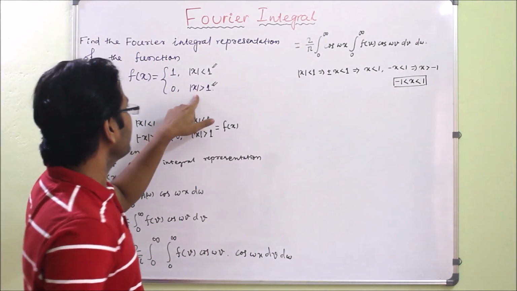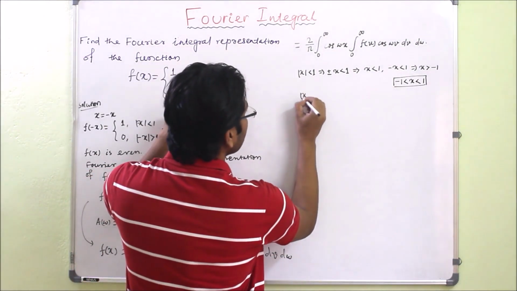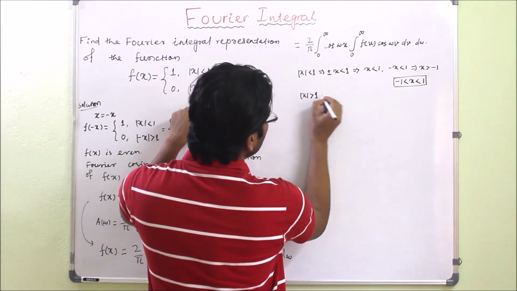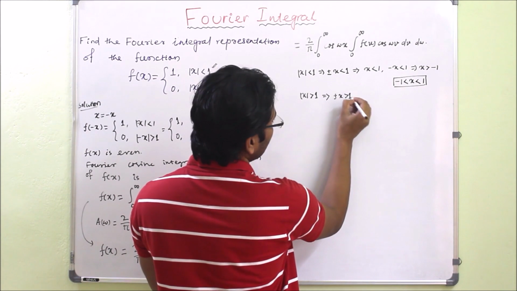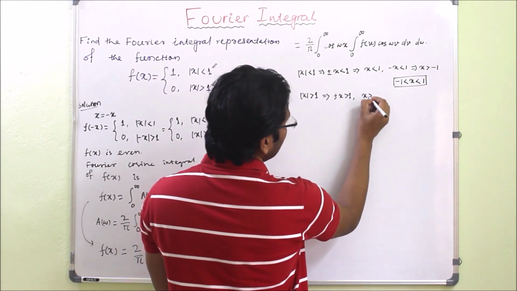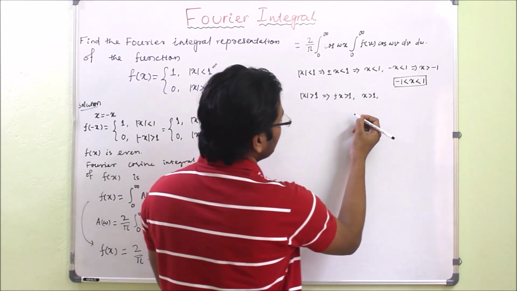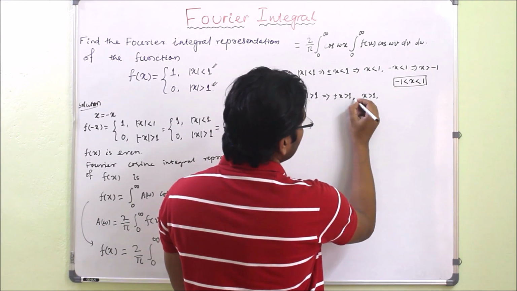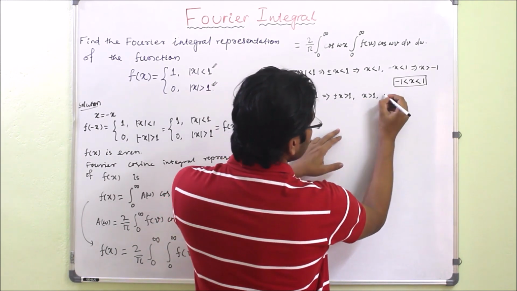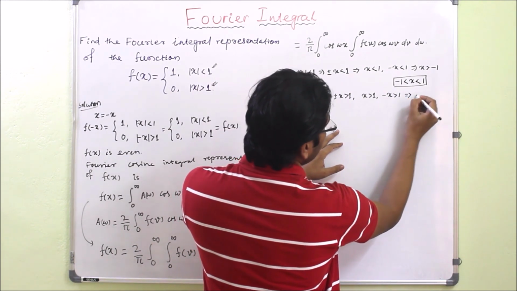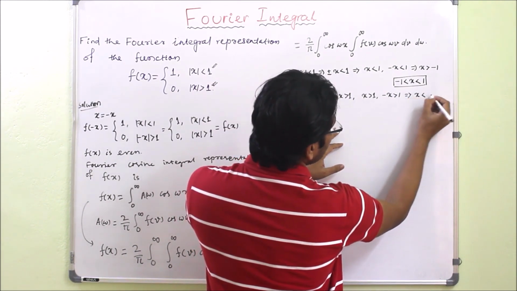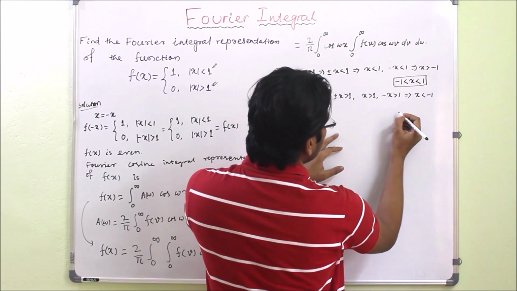The second domain is mod x greater than 1. This we can write as plus or minus x greater than 1: the first expression is x greater than 1, and the second expression is minus x greater than 1, or simply x less than minus 1.